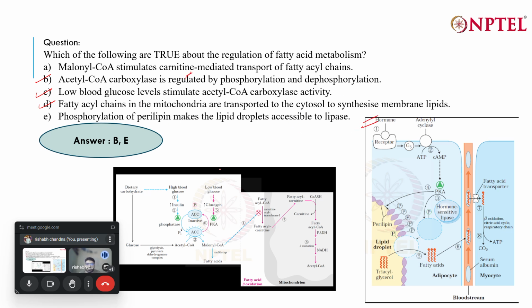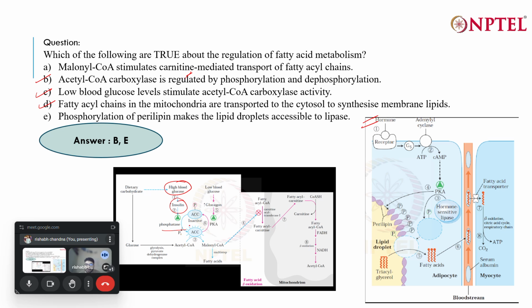Okay, so now we'll be discussing the molecular pathway. The dietary carbohydrate actually increases the blood glucose, that leads to an increase in the production of insulin. This actually increases phosphatase activity.